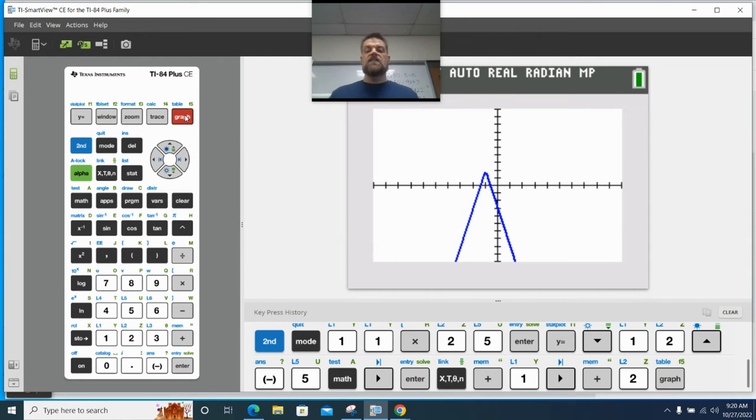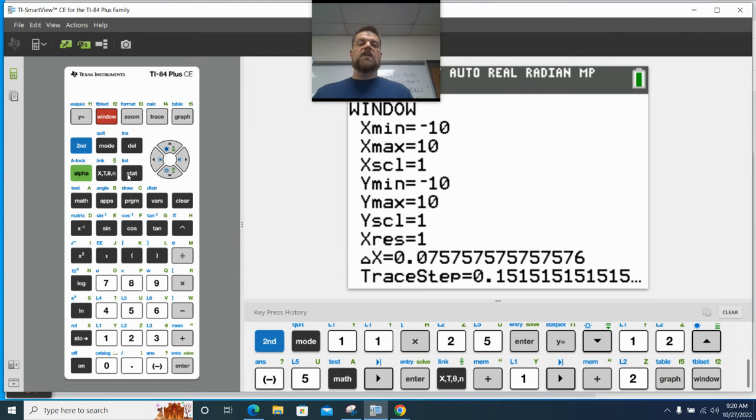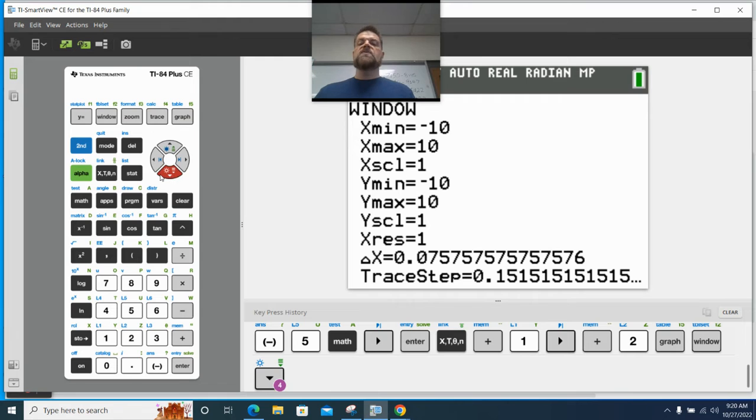Now when I graph this, I've got to zoom out a little bit. So go to window and make your y max greater than 12. What do we want to put here? 15 will work. 20 would work too.